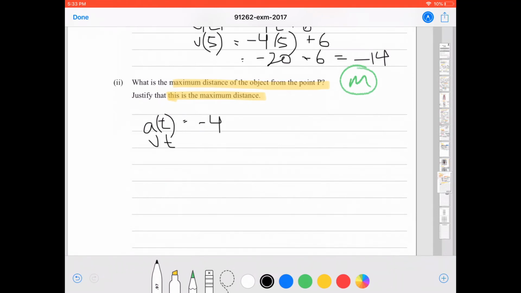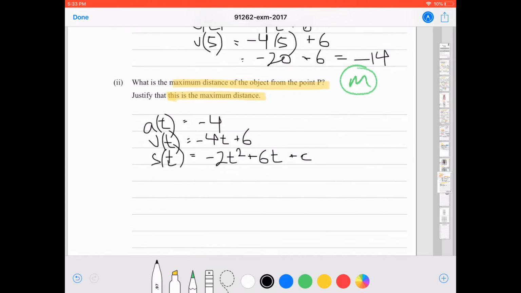V of t was minus 4t plus 6. And so we can integrate the velocity function to find the distance function, s of t. That is going to be minus 2t squared plus 6t. And again, we've got this plus c.